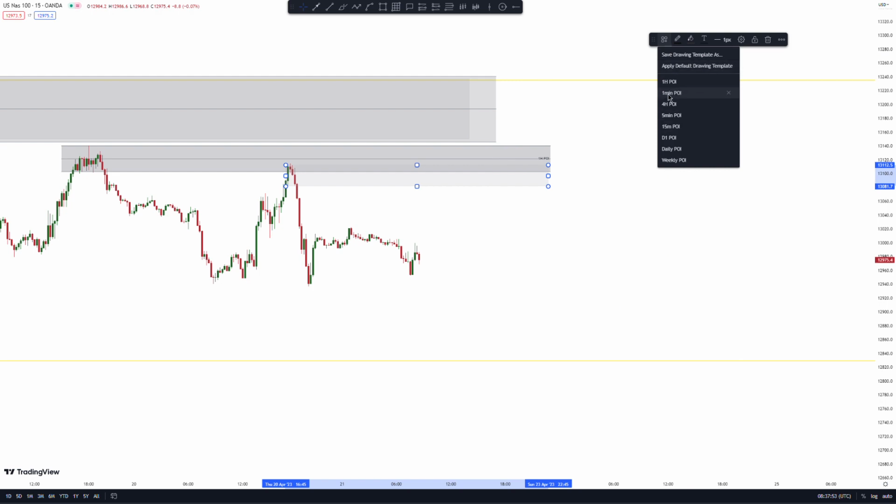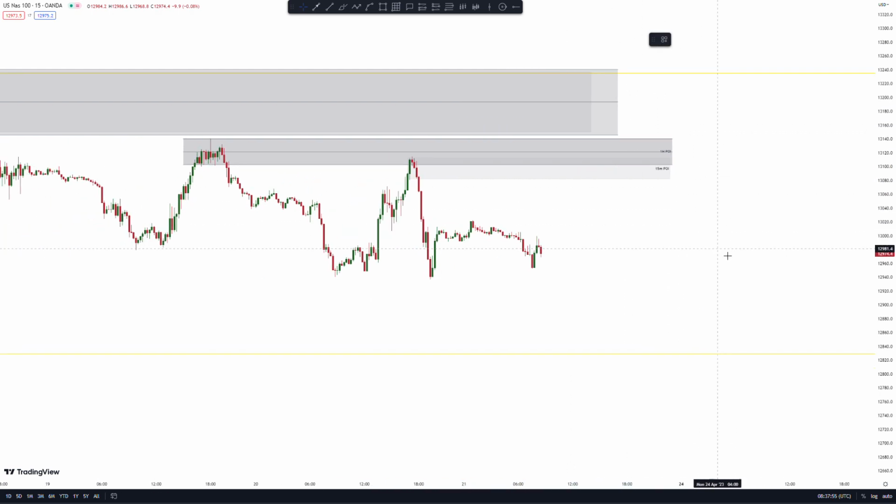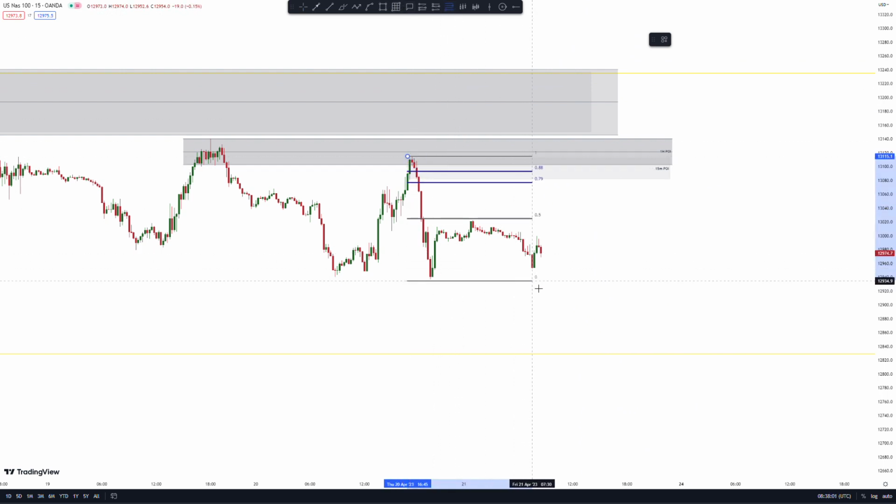That'll be my 15-minute POI. My 15-minute POI. Let's just see a Fibonacci and see what's really transpiring here. Okay, now I'm seeing it properly.